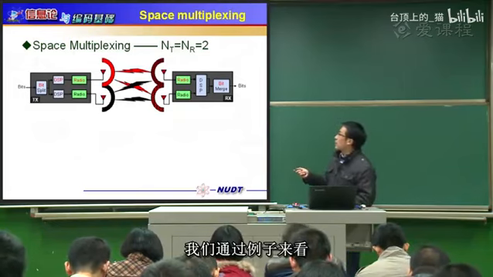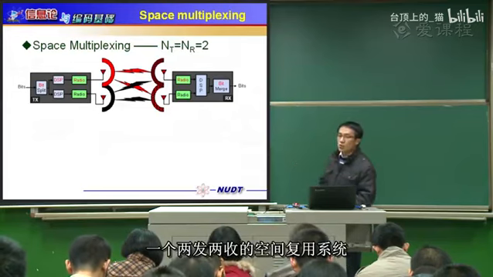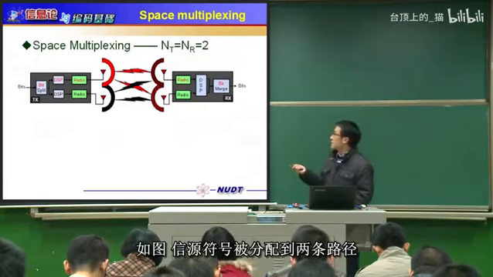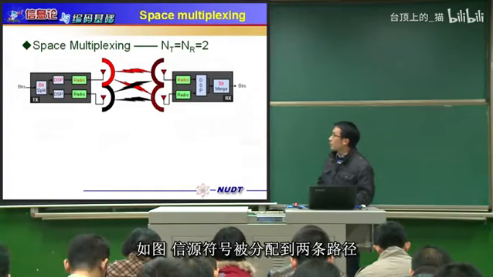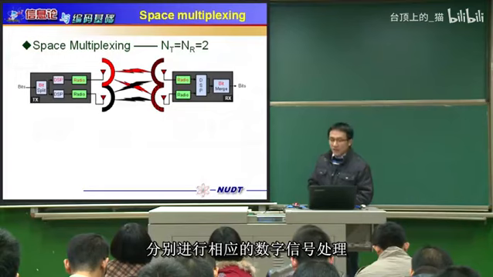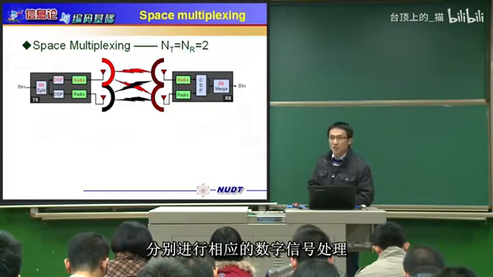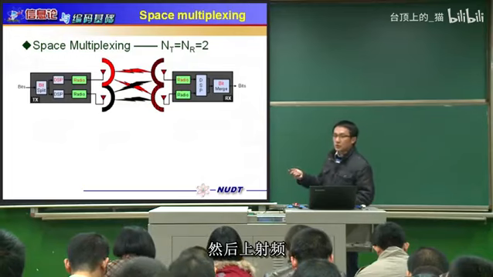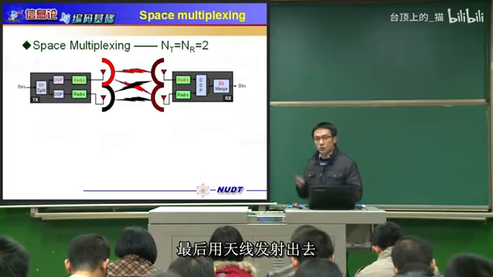We can see from the example, which is a space multiplexing system with two transmit antennas and two receive antennas. See this picture. The bits from the source will be split into two ways. For each way, the bits will first be processed by the DSP module and then sent to the radio. And finally, we can use the antenna to transmit.